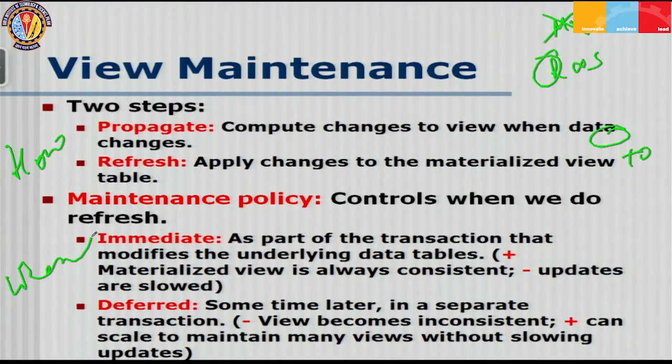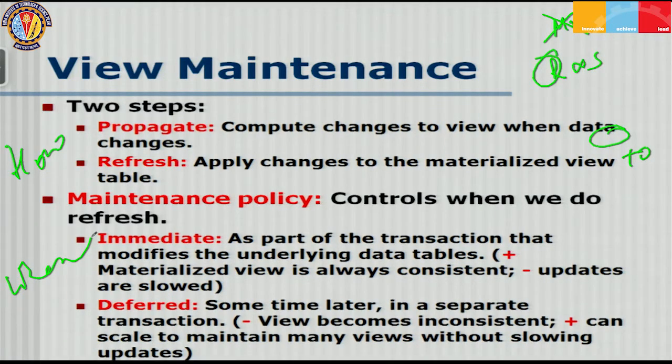And the second one is deferred, so it is done at a later time in a separate transaction. The negative point is that the view may become inconsistent for some time, till the time you actually carry out the updates on the materialized views, or you refresh the materialized views. The plus point is that it can scale to maintain many views without slowing updates.